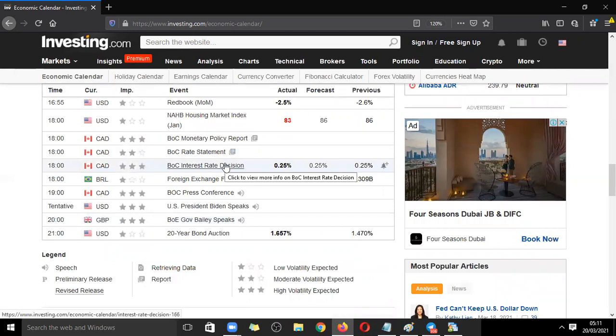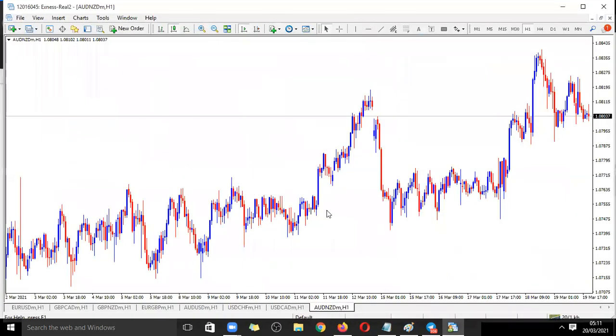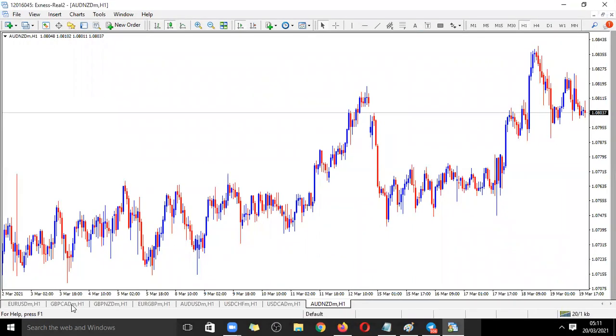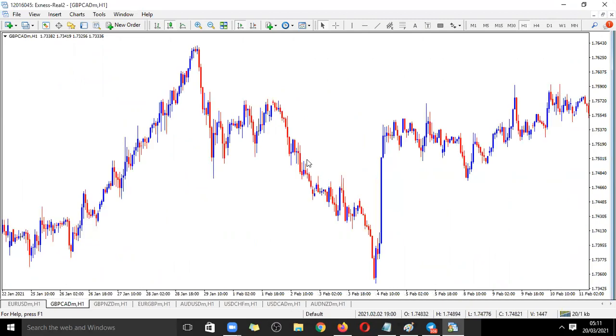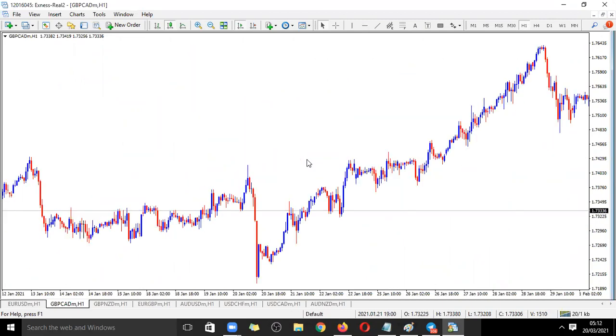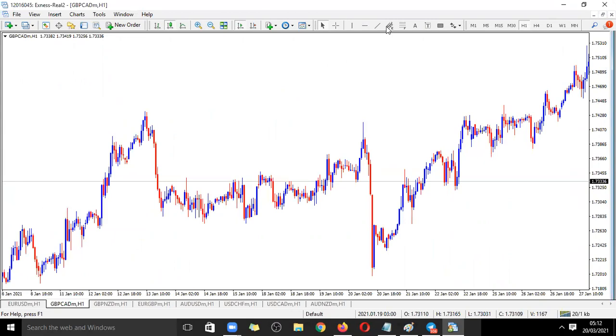Let's backtrack and see how the market reacted. Let me get a Canadian pair. This is British pound Canadian. Let me backtrack to the 20th of January, which is right here.